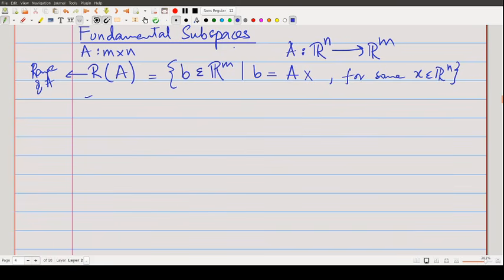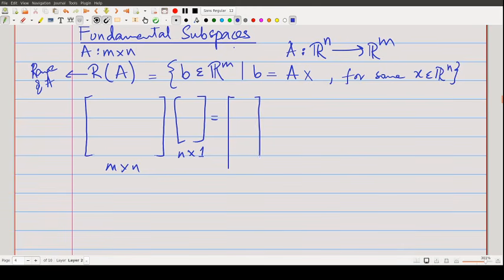The idea is that you are looking at the same thing from two different angles. The first is that you're considering the matrix vector product of an m by n matrix with an n by 1 vector, and the result that you get is an m by 1 vector. And so what we are saying is that the range of A contains all these possible products which you get when you multiply A with X, right?